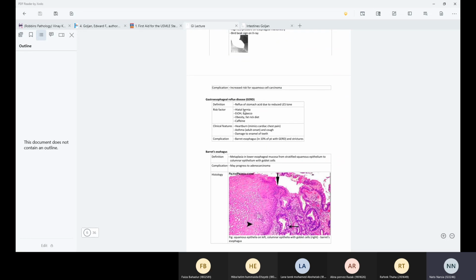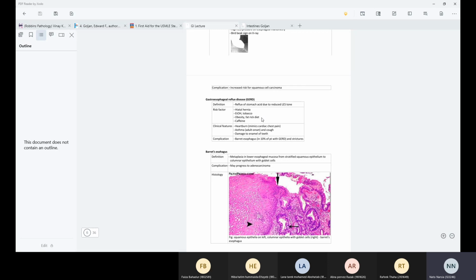And sliding is more common. In both cases you also have a risk, especially in the sliding one, of developing esophageal adenocarcinoma. Just read about this hiatal hernia, that is important. That type of herniation is high yield in the GI tract. We find it in the intestines and you find it in the esophagus as well.